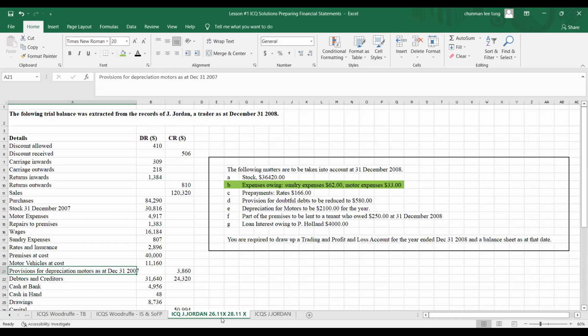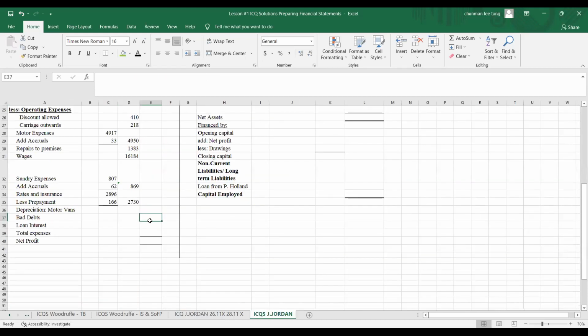So provision for depreciation will be in your balance sheet. Any expenses for depreciation will be in your profit and loss account. All right. So they said it here in point E, depreciation for motors to be $2,100 for the year. So no calculations are required. And all we do is just put $2,100 for depreciation of motor vans.